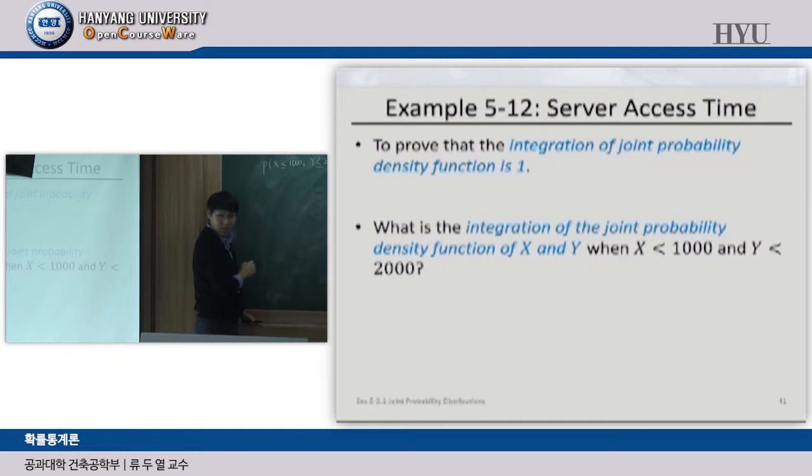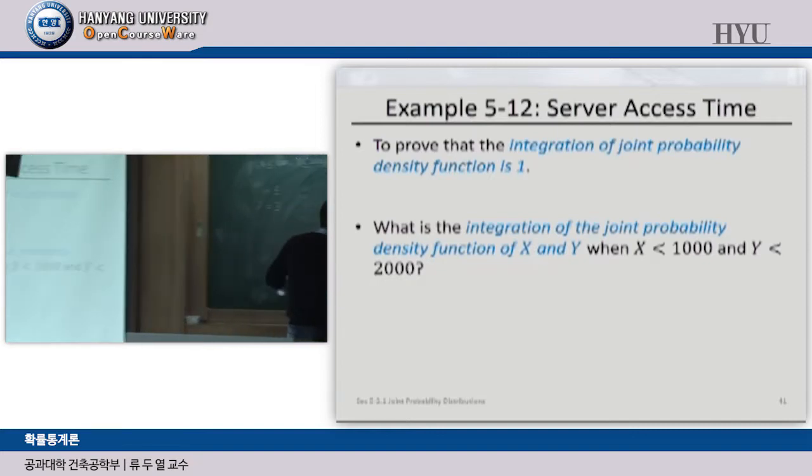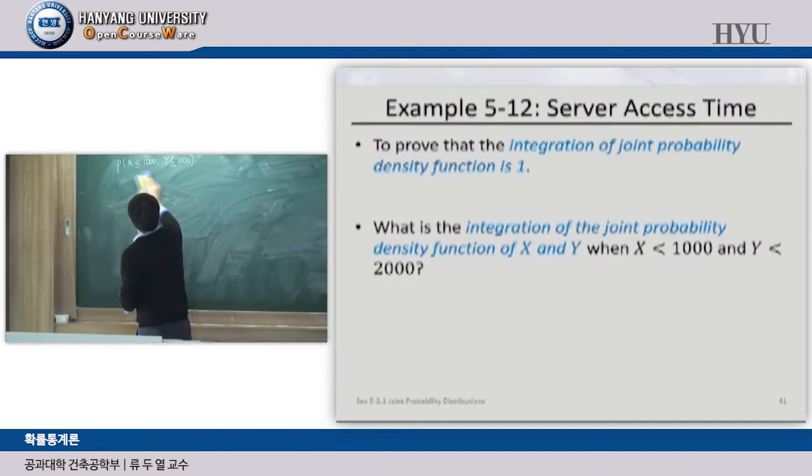Okay? Based on the previous chapter, we have learned, right? Since the width in the curve is 0, this is equal to this, and this is equal to this. So we can simply change this equation to this, okay?